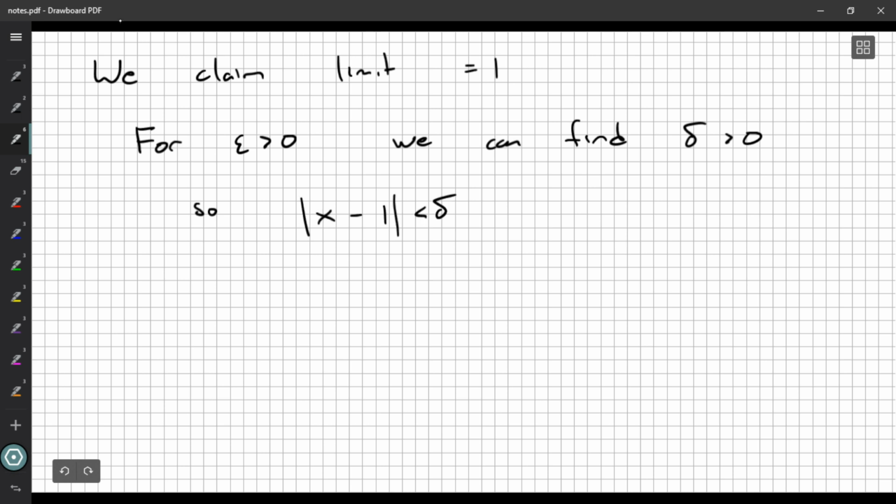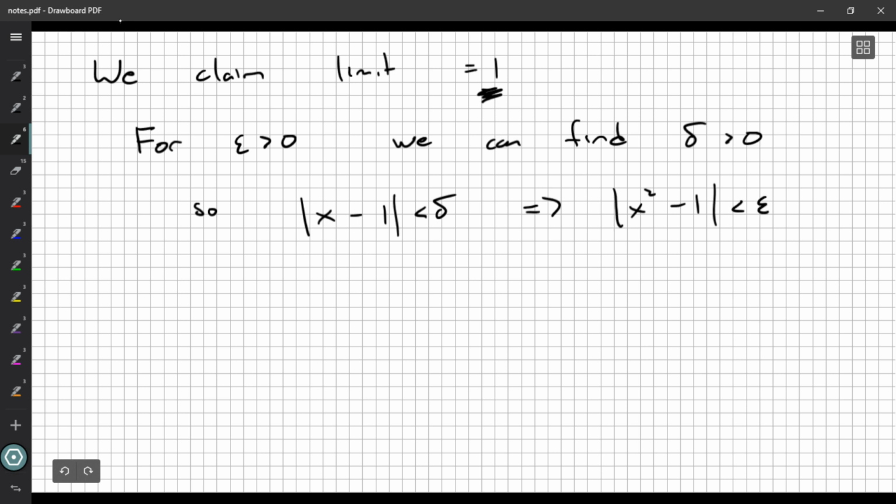Okay, so we claim the limit is equal to 1. What do we need to show? What's the epsilon delta style proof that they're looking for? Well, we need to show that no matter what epsilon we choose, we can find a delta so that as long as x's are close enough to 1, this should imply that x squared is close enough in value to its limit 1.